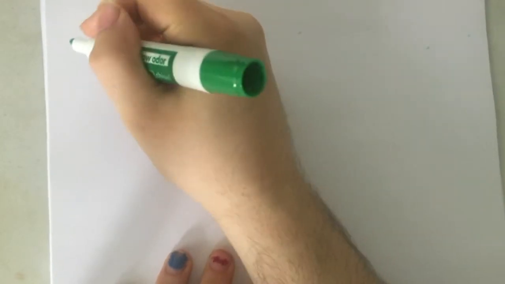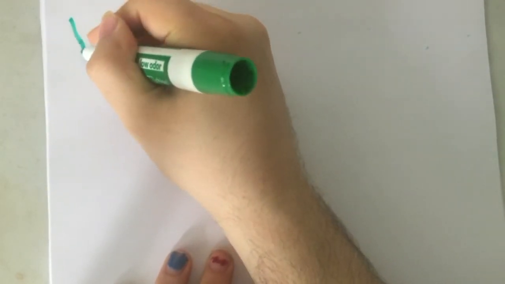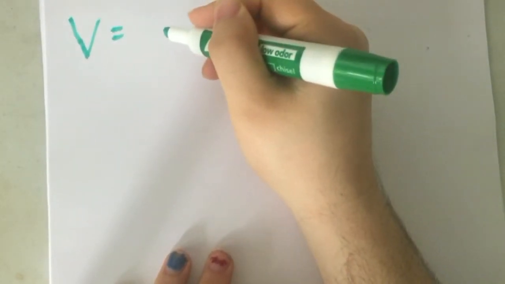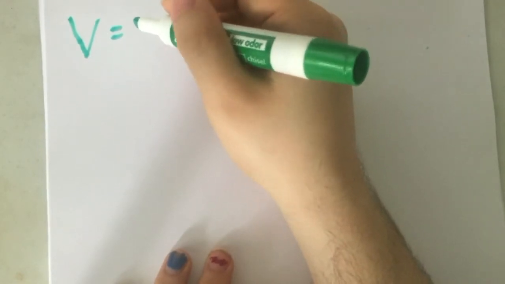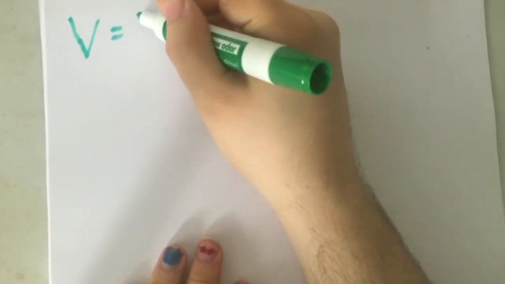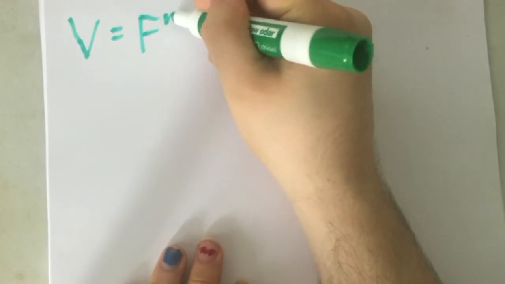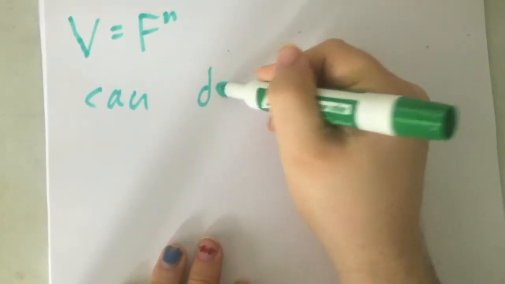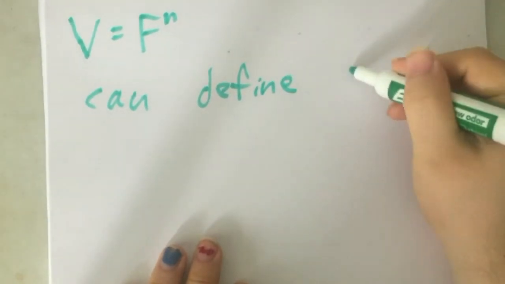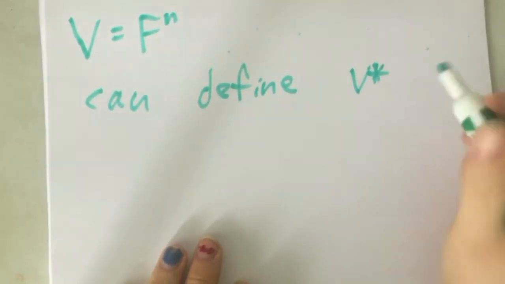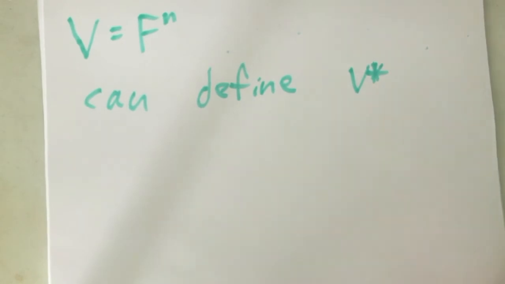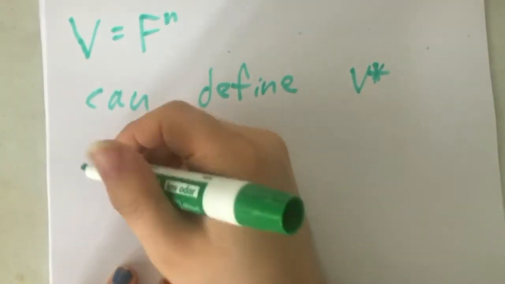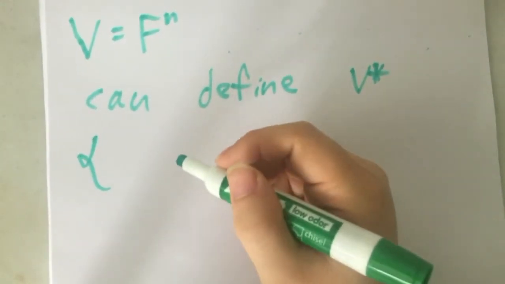So what do we mean by this? A vector space is over a field of scalars, and so for a vector space V, it will be equal to some field F to the n. We define, and here I'm not going to call it V transpose anymore, this is a more standard name, V star, as the set of linear functions.